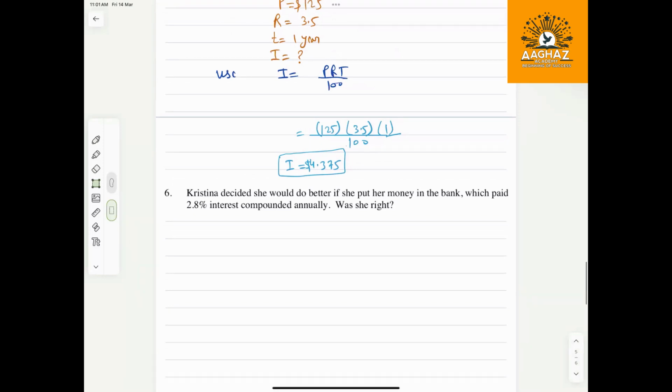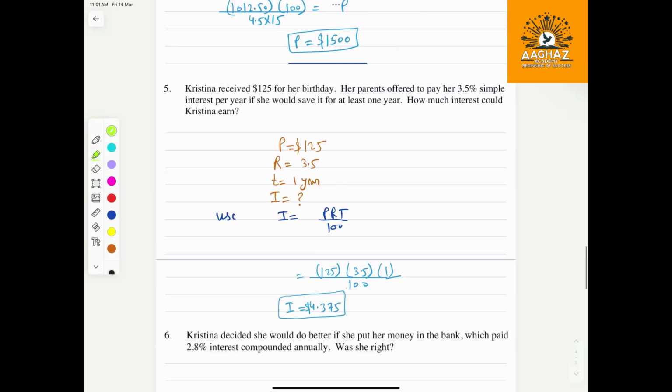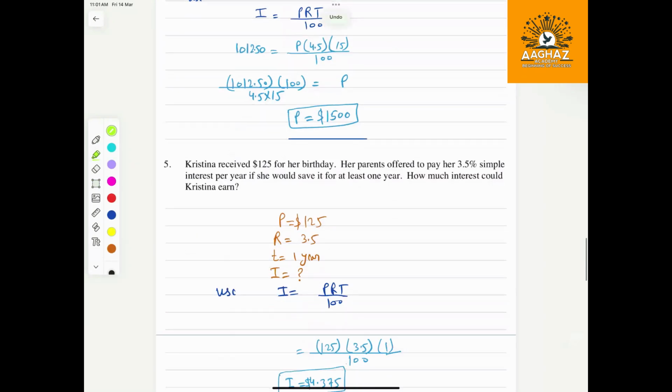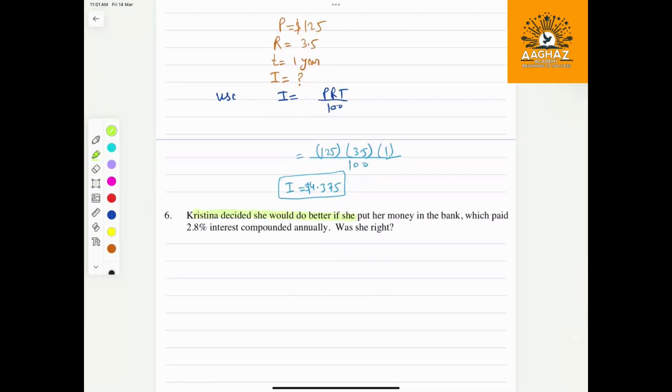Okay. So now next question. K, that is the same person as in the last question, decided now she would do better if she put her money in the bank, which paid 2.8% interest, compound interest annually. Was she right? So I will find the interest value after 1 year in this case. In the last case, the answer is $4.3.